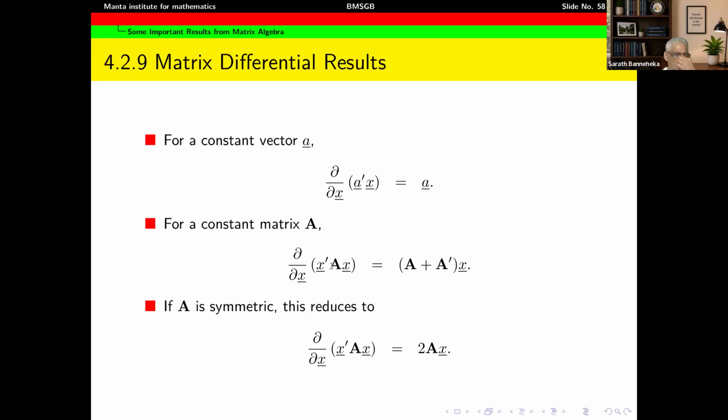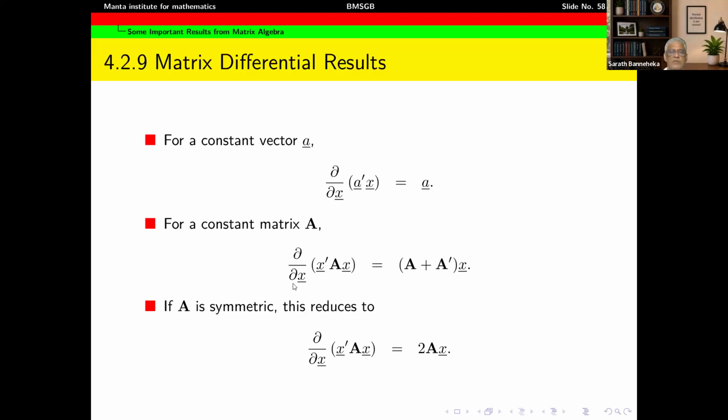And then for a quadratic form, if you take the derivative of a quadratic form, you get A plus A dash times x as the answer, right? So here we are taking the derivative with respect to x. Here this is again a scalar. What is a function of x? x is a vector, right?